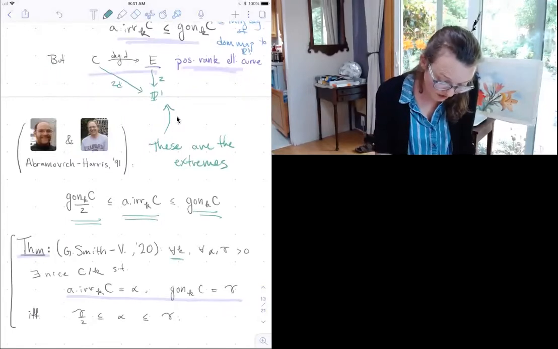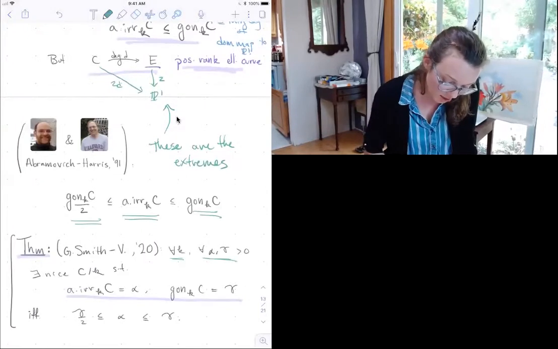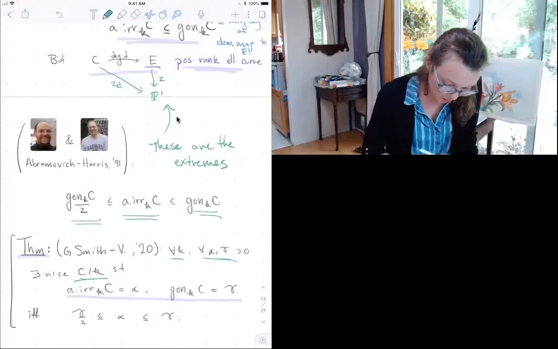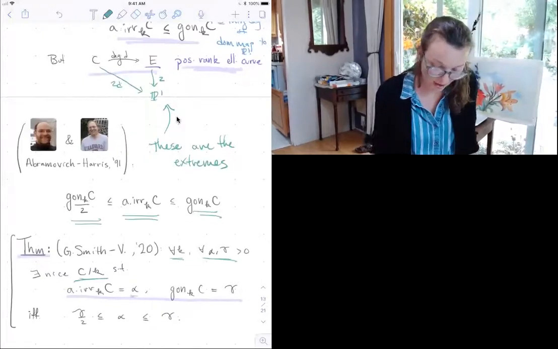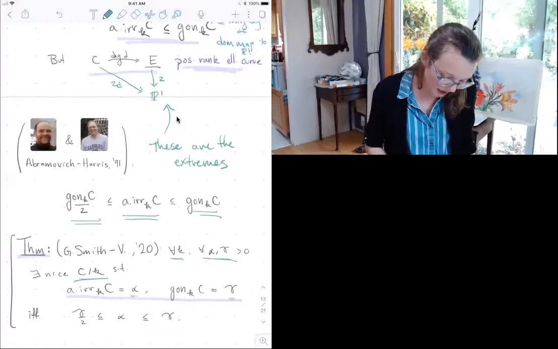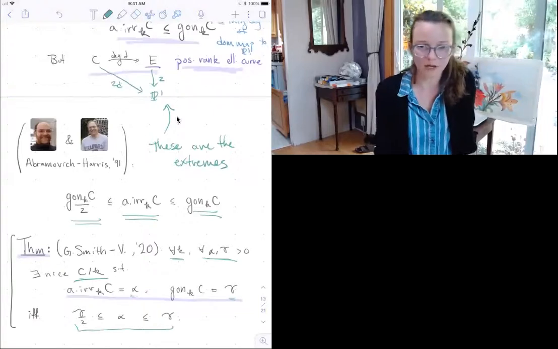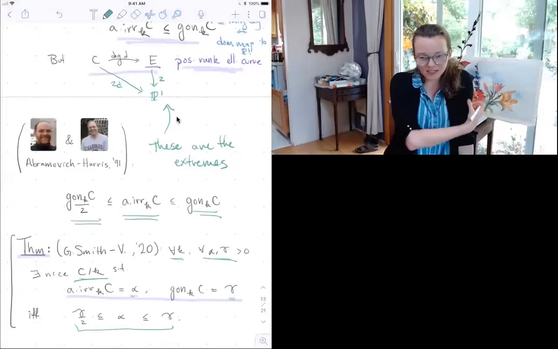So for all number fields K, and for all invariants alpha and gamma greater than 0, there exists a nice curve over K whose arithmetic degree of irrationality is my parameter alpha, and whose gonality is my parameter gamma, if and only if it's in these bounds identified by Abramovich and Harris: gamma over 2 is less than or equal to alpha is less than or equal to gamma.